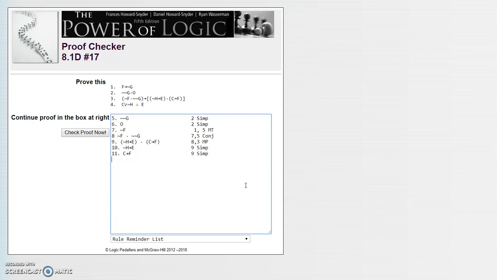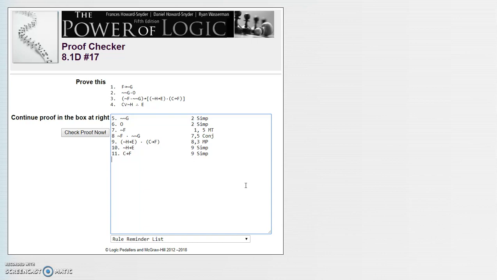And let's take a look around again. Remember I said early on that we'd like to look for getting that not H then E, and then getting not H. Well, we've got the not H then E separated. Is there anywhere that we could get not H? Well, in premise 4, we've got C or not H. That's a disjunction.